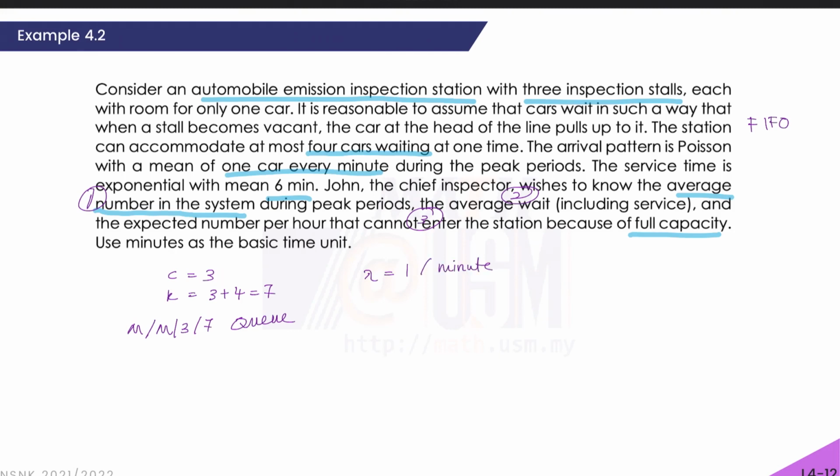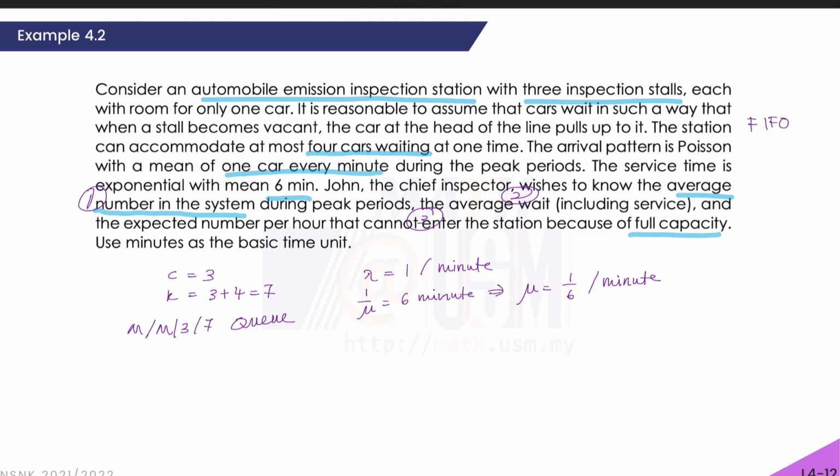The service time is exponential with mean 6 minutes, so 1 over mu is 6 minutes, and you will have your mu equals 1 over 6 per minute. Now that we have our lambda and mu, you can start to help John find what he wants to know.